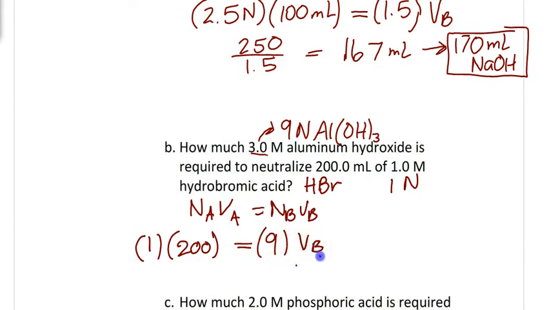So divide both sides by 9, and the volume of the base will turn out to be 200 divided by 9. That's about 22 milliliters. Whatever units your volume is in at the beginning, it will be at the end. Oh, and we should probably put the chemical on there. That would be of aluminum hydroxide.